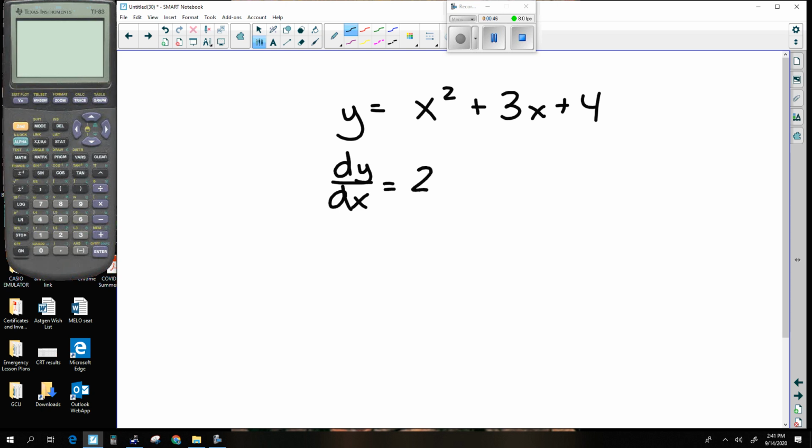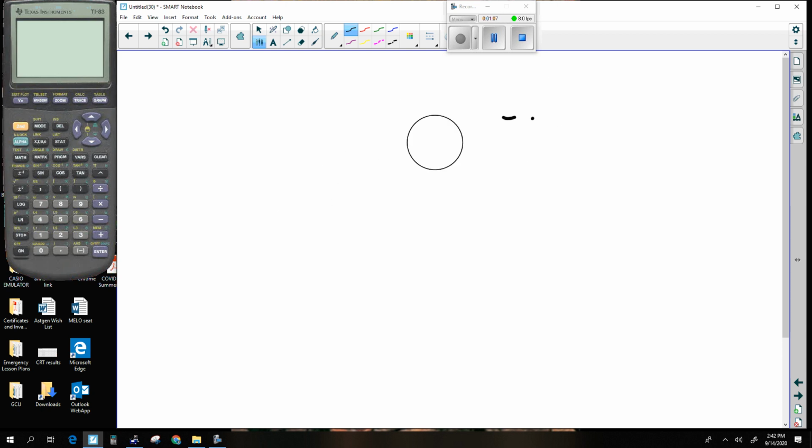And so the x's make the process easier. But technically that's not the only thing we're taking the derivative of in this case. We're technically taking the derivative of every letter that is in this problem. So I'll teach you the tricks, and then we'll come back to the better understanding.